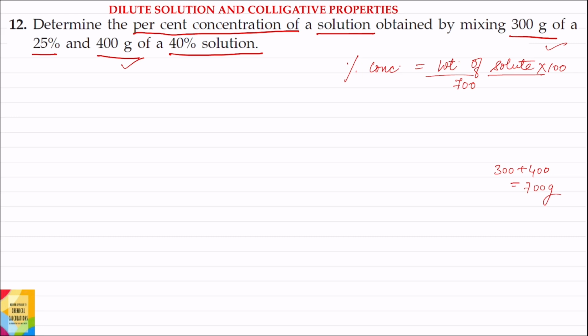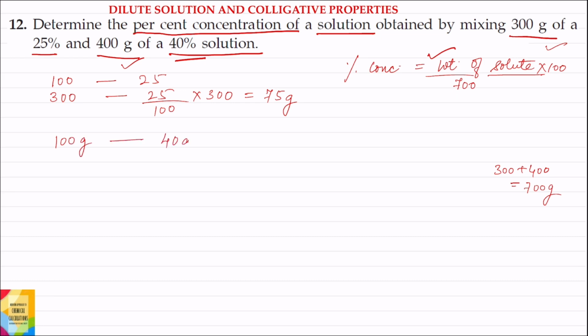But now we need to find out the weight of solute. Now how will we find out the weight of solute in the final solution? First of all, the weight of solute in the solution having weight 300 gram. Now its percentage concentration is 25%, means 100 gram solution has 25 gram of solute. So in 300 gram solution the weight of solute is 25 divided by 100 into 300, and this is equal to 75 gram. Similarly the second solution has percentage concentration 40% and its weight is 400 gram. So in the second solution 100 gram of solution contains 40 gram of solute.